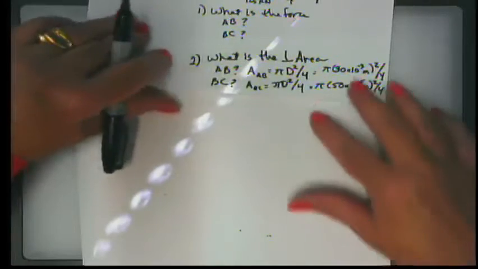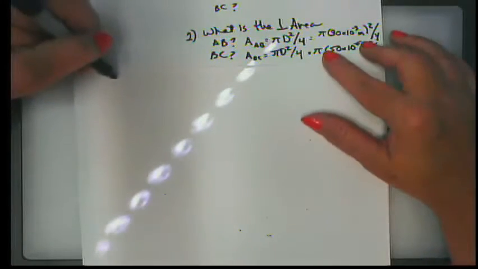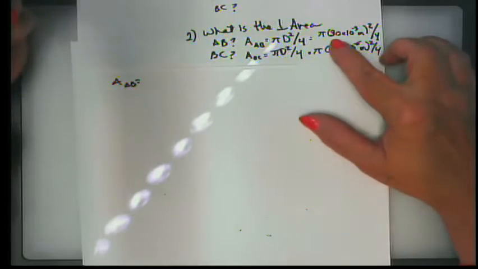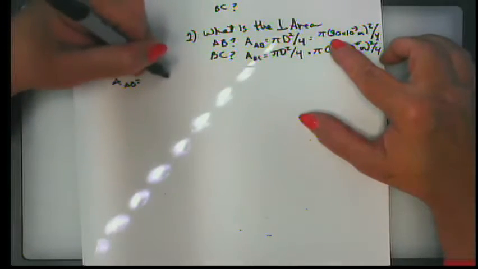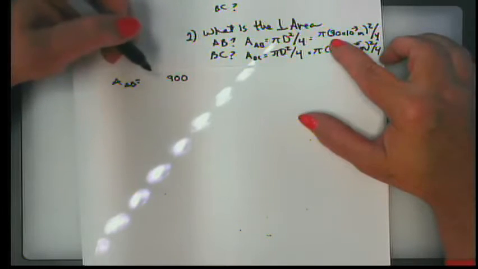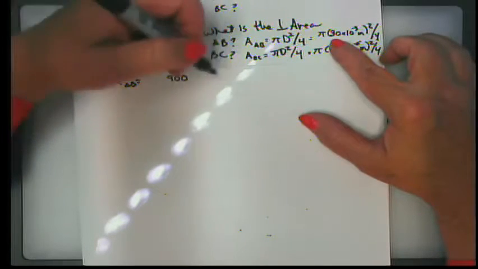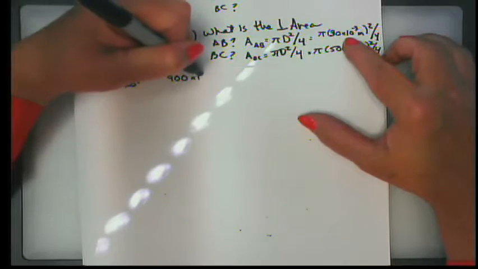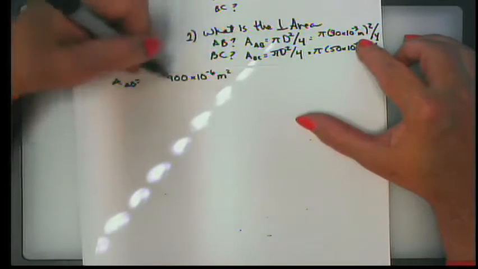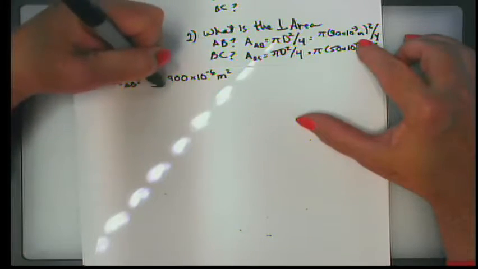All right. So if I continue with the area of AB, 30 squared is 900, and times 10 to the minus third squared is times 10 to the minus sixth meters squared, times pi divided by 4.